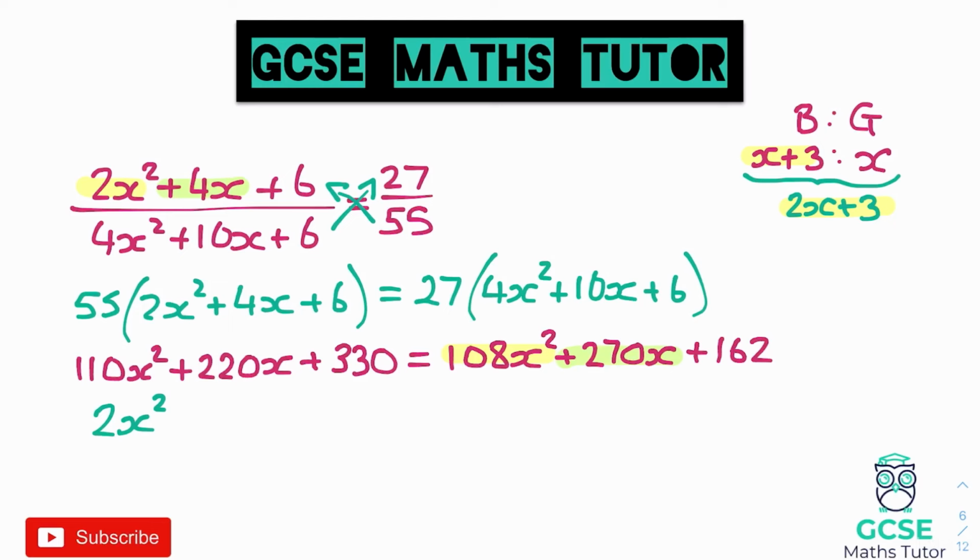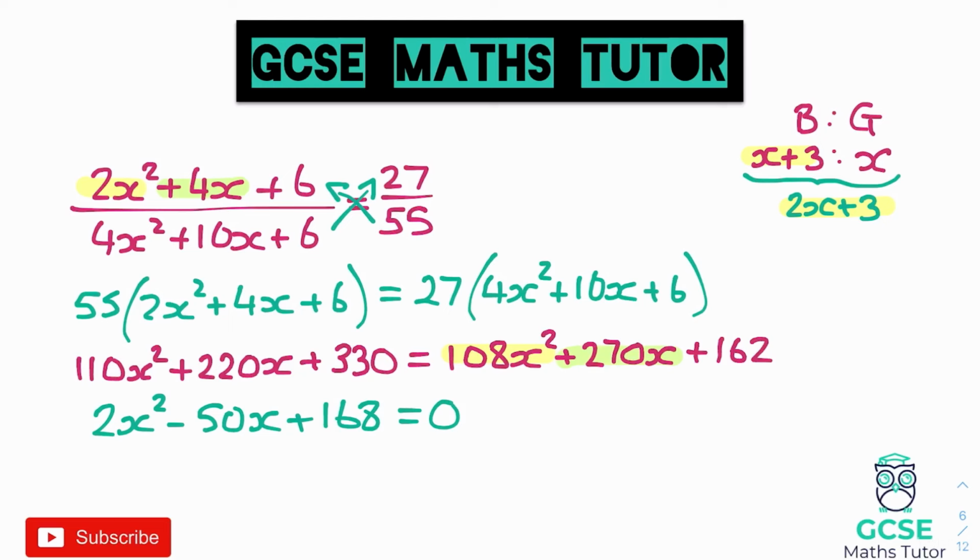So 220, take away 270, leaves us with minus 50x. And then the number at the end, 330, take away 162 from both sides will leave us with 168. So plus 168, and that now equals 0, and that's where you pick up your 4th mark on this question.